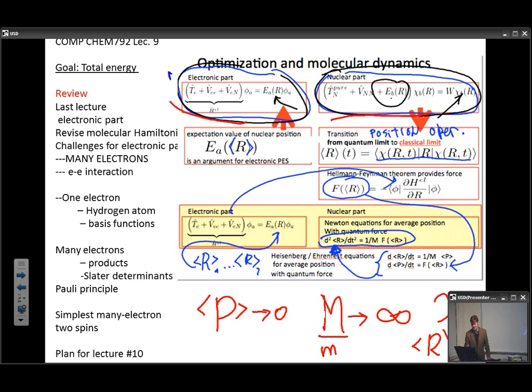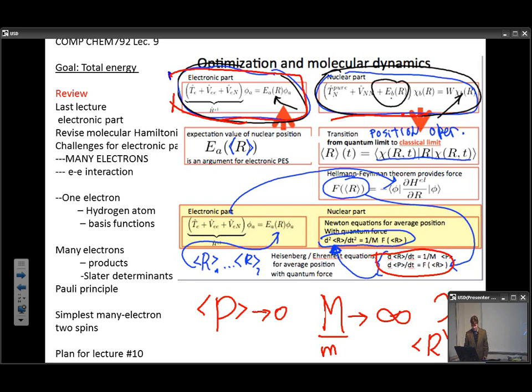Up to now we were postponing the electronic part and focusing on the nuclear part, and we agreed that with certain approximations in the classical limit, when ions are heavy, temperature is low, and there are no reactions, one can control them with Newtonian equations of motion.